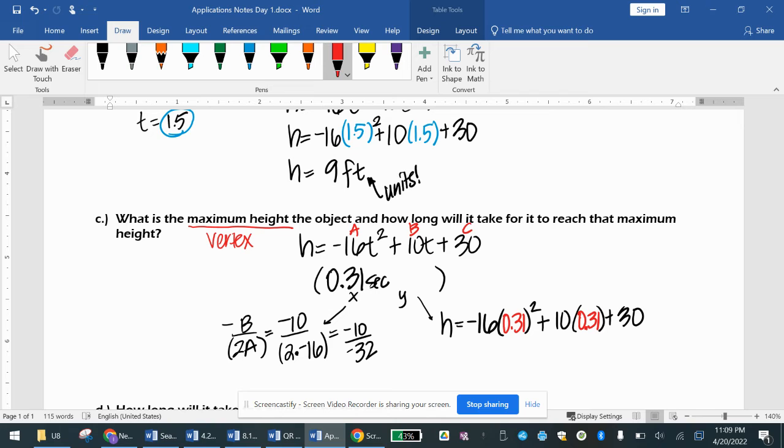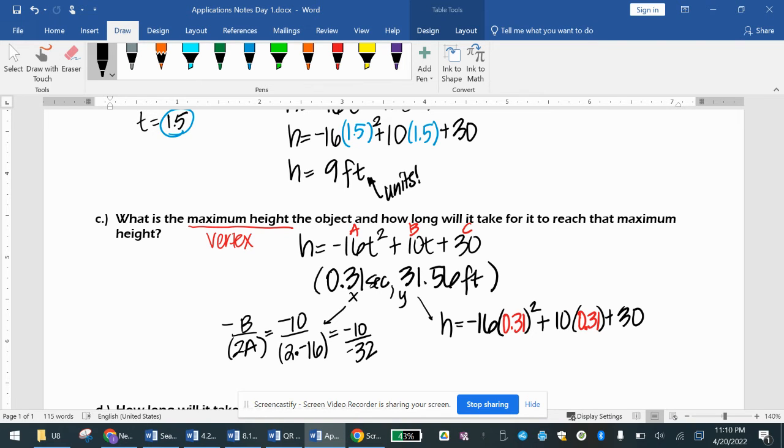Okay, go ahead and pause the video. Ponle pausa al video para que puedas meter esto en tu calculadora y yo voy a hacer lo mismo. Okay, and you're going to get 31.56 feet.